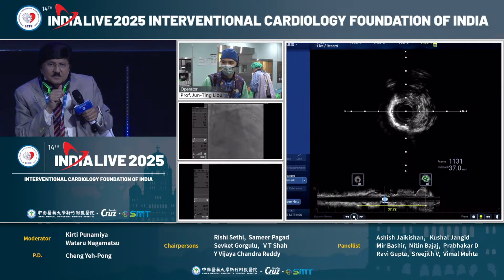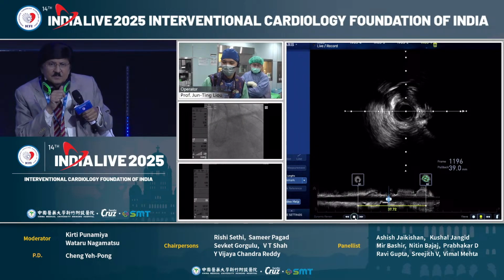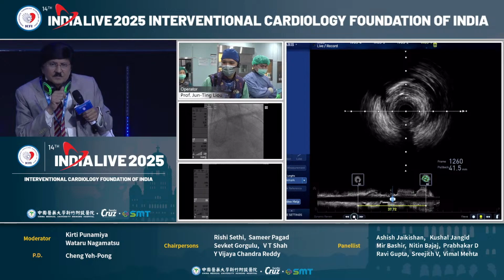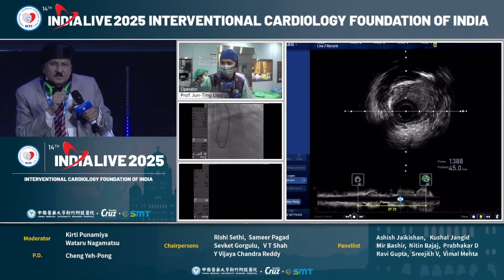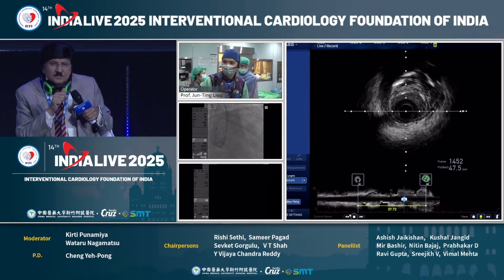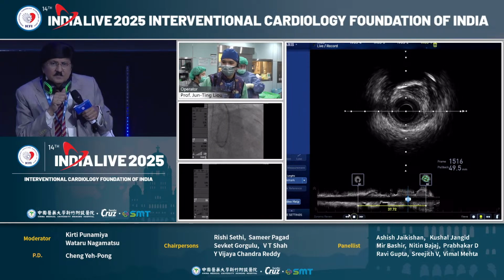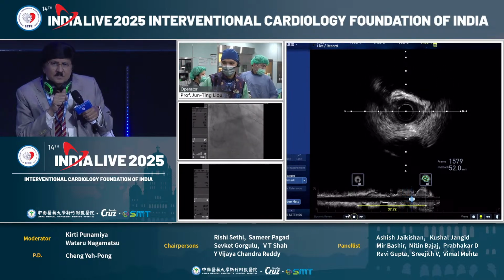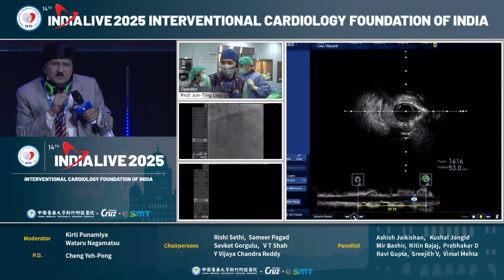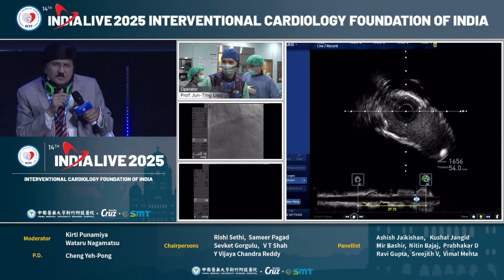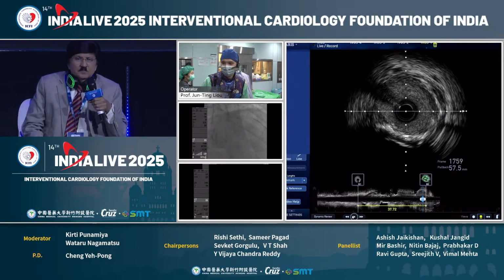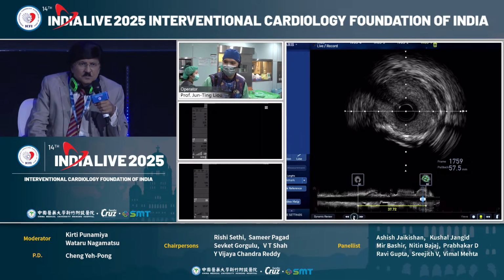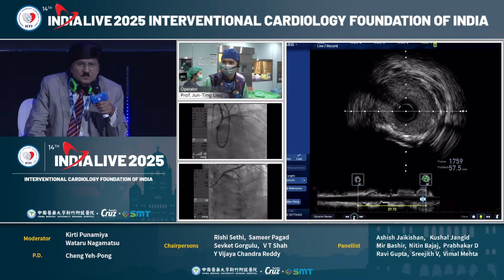In the CTO body, we can see the superficial calcification with heavy fibrotic plaque burden. When the IVUS goes near the ostium of LAD, the diameter is 4.0 millimeter, also covered by about 180-degree superficial calcification. When it goes to the distal left main part, there's not much protrusion from the circumflex stent.